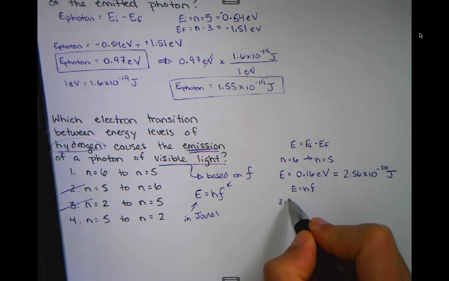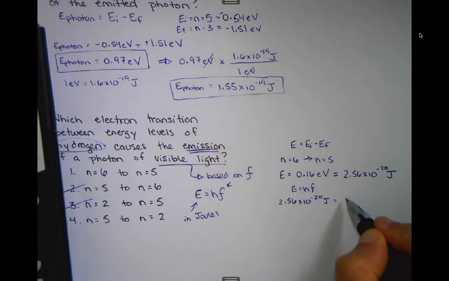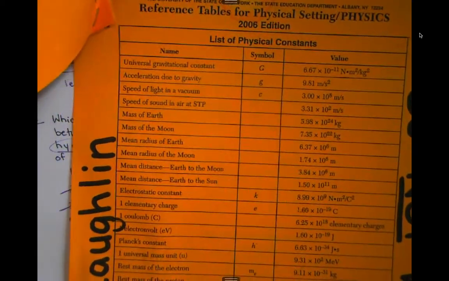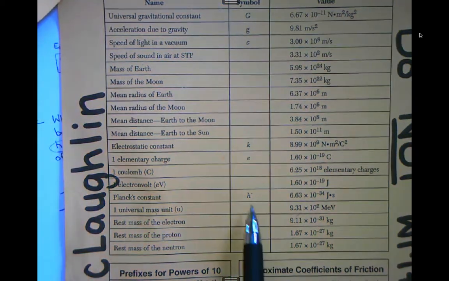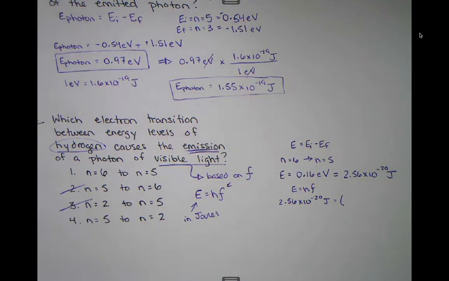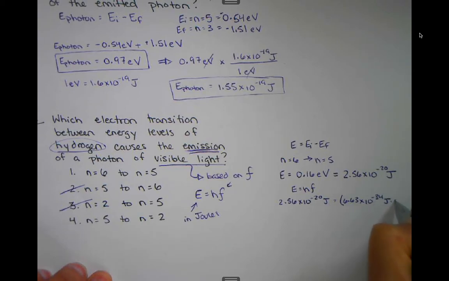So 2.56 times 10 to the negative 20 joules equals h, Planck's constant, which is on the front of your reference table, 6.63 times 10 to the negative 34 joule seconds, times f. Then we solve for f.